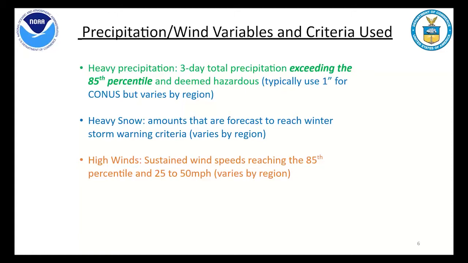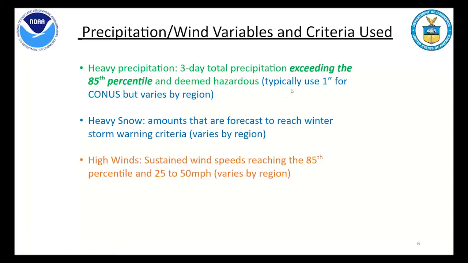So in terms of precipitation, the heavy precipitation hazard is focused on 3-day total precipitation amounts exceeding the 85th percentile and deemed hazardous, typically using 1 inch for the CONUS, but that also varies by region. And I did put this in italics here, the exceeding the 85th percentile.